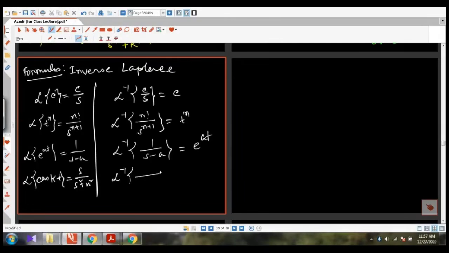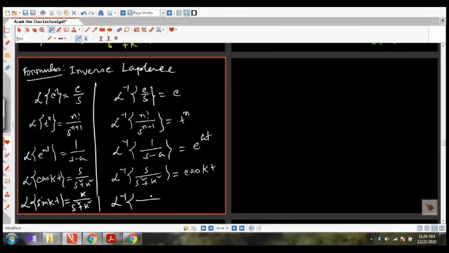So inverse Laplace transformation of s over s squared plus k squared will be the main function cosine kt. Similarly, Laplace transformation of sine kt is k over s squared plus k squared. So the inverse Laplace transformation of k over s squared plus k squared will be sine kt.